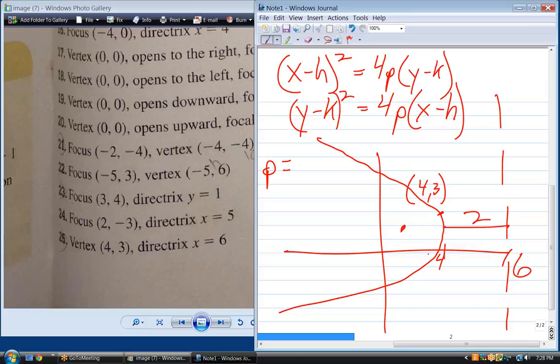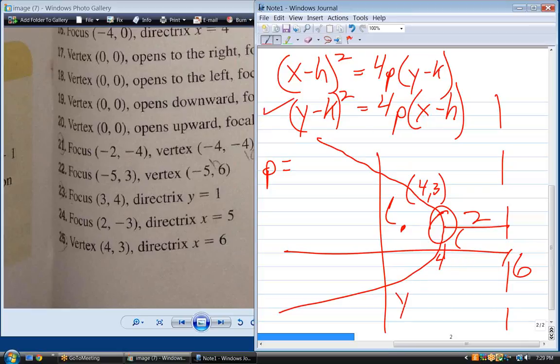So P has to be back here at what? 2. We don't even need the coordinates of the focus. Once we get the coordinates of the vertex, what are they? 4, 3. And we're using the second formula.